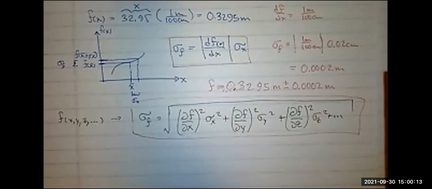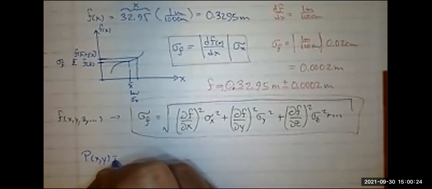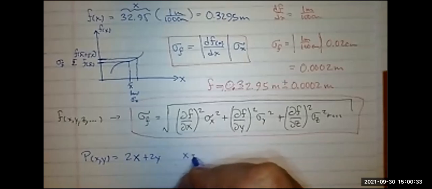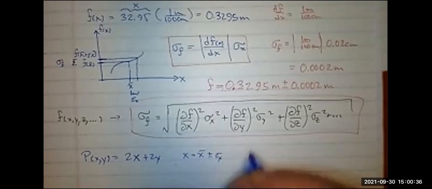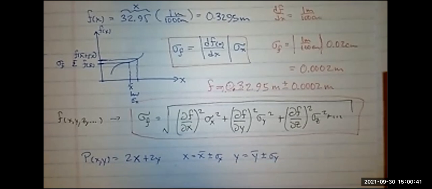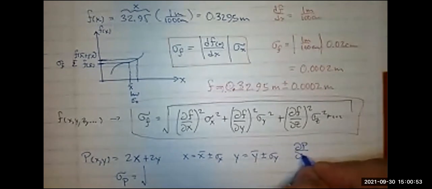So for instance, let's say P of XY. This is a perimeter formula. So P of XY is equal to 2X plus 2Y. Okay. And of course, X is given to be X bar plus or minus sigma X, and Y is given to be Y bar plus or minus sigma Y. So the uncertainty in P is going to be the square root of the partial of P with respect to X. Well, what's the partial of P with respect to X?